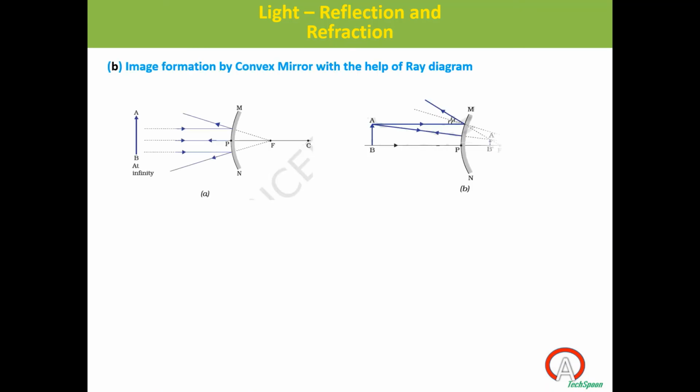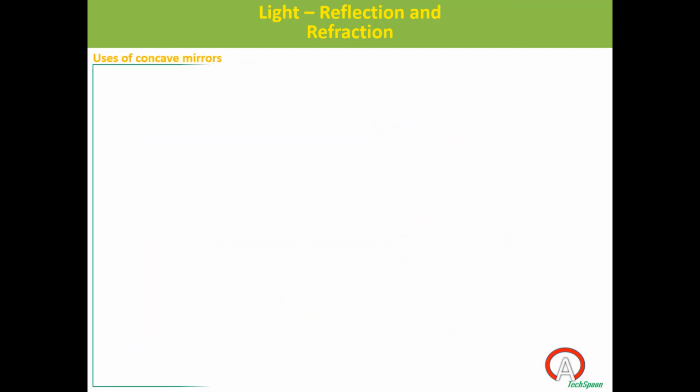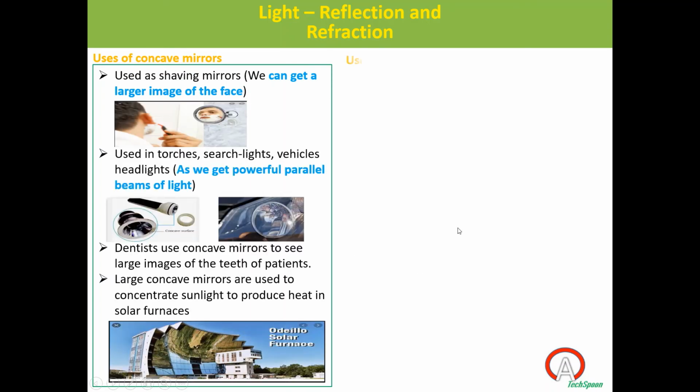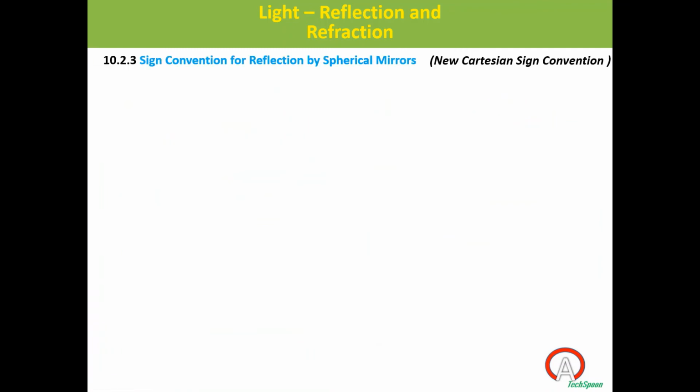What have you written last? Okay, image formation of a convex mirror. So this table you have to write, right? After the class, I will send the snapshot so you can complete the notes. Uses of a concave mirror also you can copy in your notebook. I'll explain next class. Simple thing only. For the next topic, no need to write, just listen.